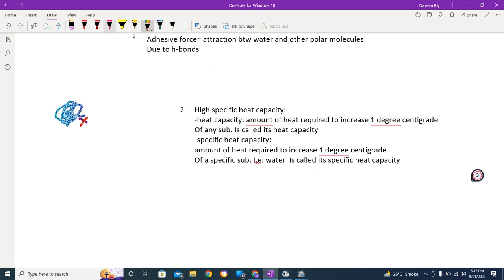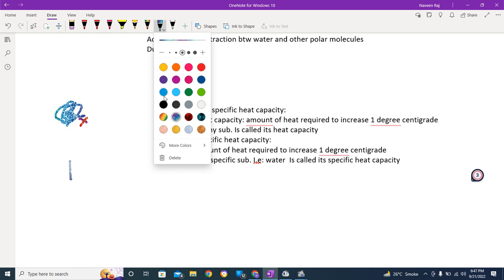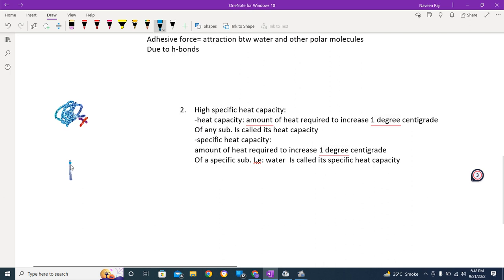If I say, here I've got a water glass, and it's filled till here.